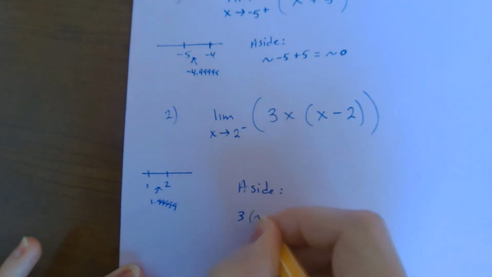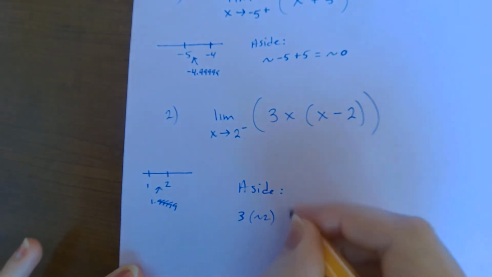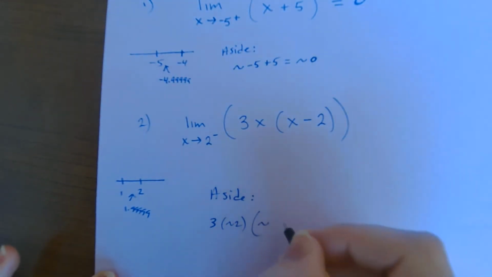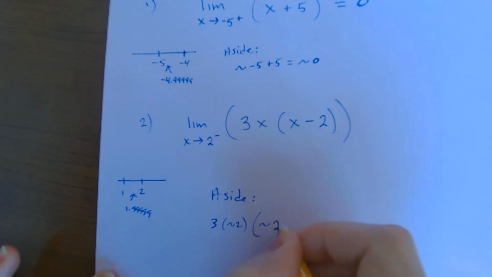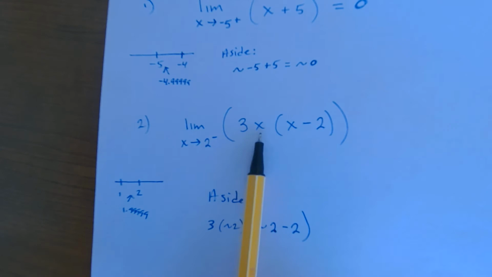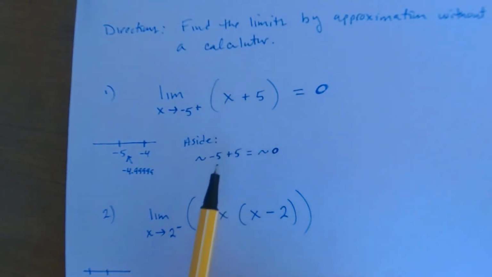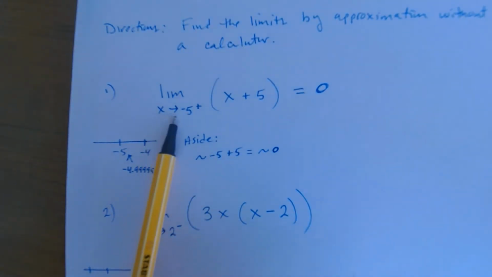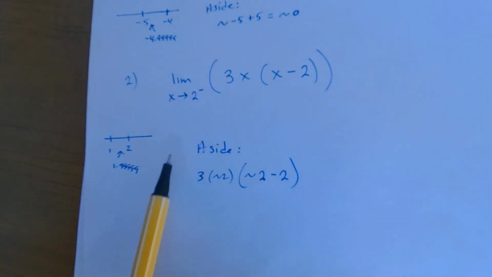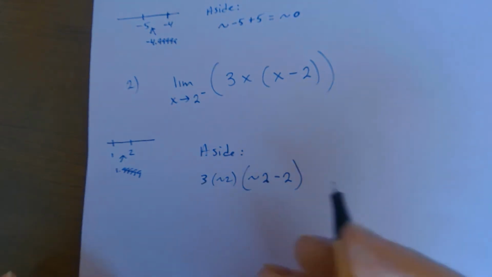So this is 3 times about 2, and then I've got about 2 minus 2. Where the x's are, I put the about what x is approaching, so the about 2. Now, let me think about this.